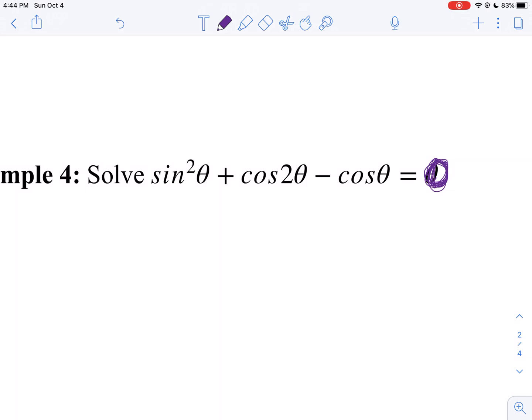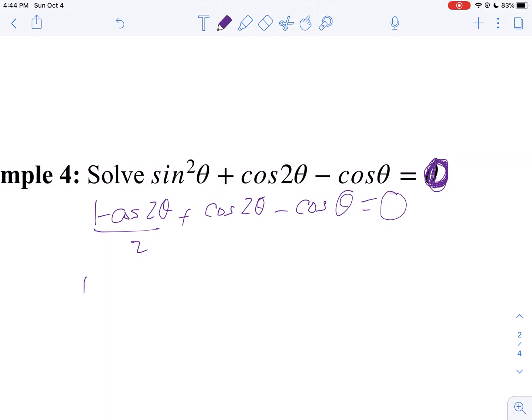So I'm going to rewrite sine squared theta as 1 minus cosine 2 theta all over 2, plus cosine 2 theta minus cosine theta equals 0. Now let's get rid of the fraction.